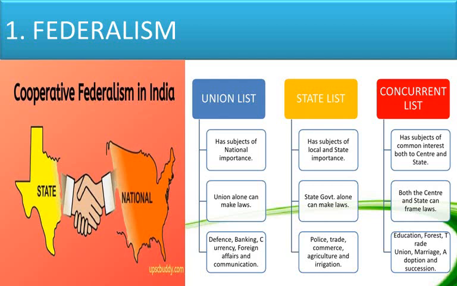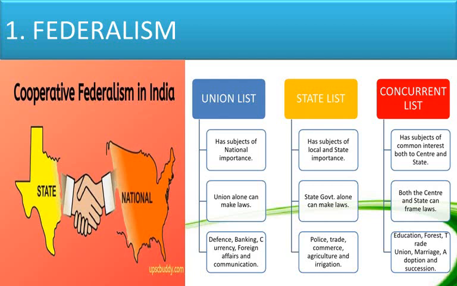The State list includes subjects at local level, like panchayat, and state importance, legislative assembly. So only the state government can make laws on the subjects present in the State list. The subjects included are police, trade, commerce, agriculture, irrigation.